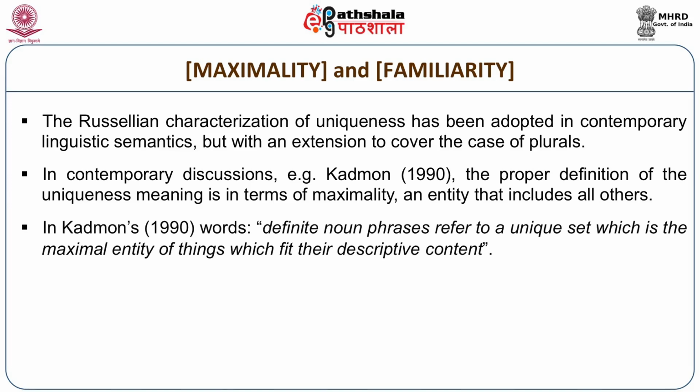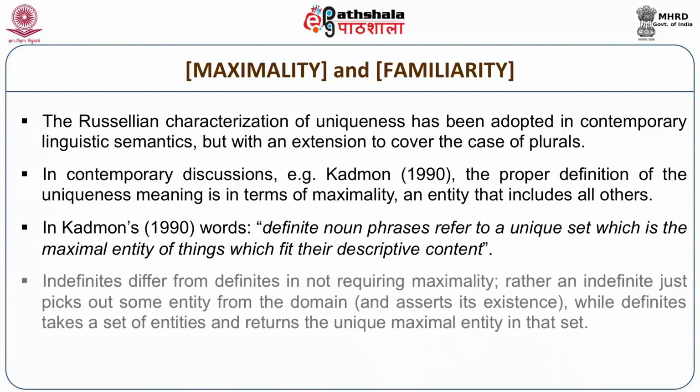In Cadman's words, definite noun phrases refer to a unique set, which is the maximal entity which fits their descriptive content. Indefinites then differ from definites in not requiring maximality. Rather, an indefinite just picks out some entity in the domain and asserts its existence, while definites take a set of entities and return the unique maximal entity in that set.